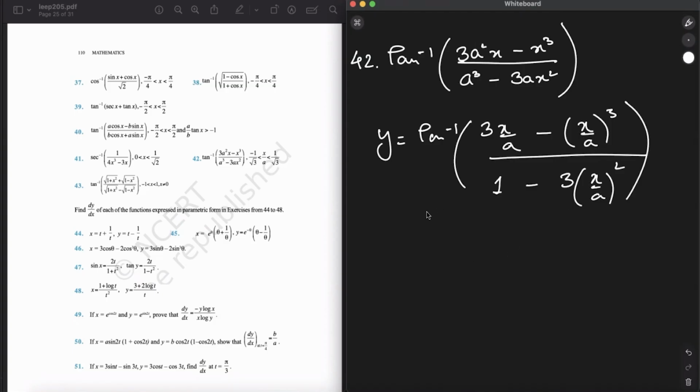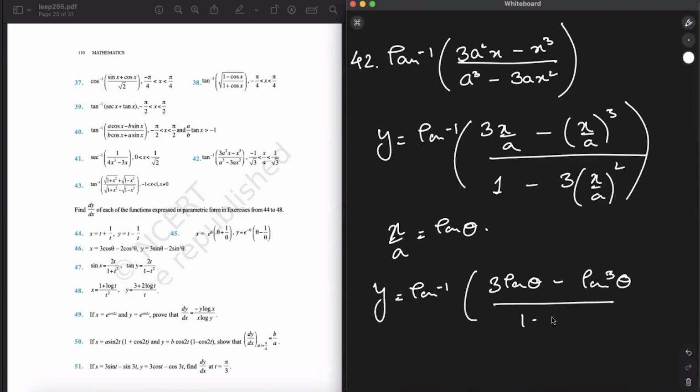I can say that this x upon a is my tan theta. Okay, and y is equal to tan inverse of (3 tan theta minus tan cube theta) upon (1 minus 3 tan square theta).